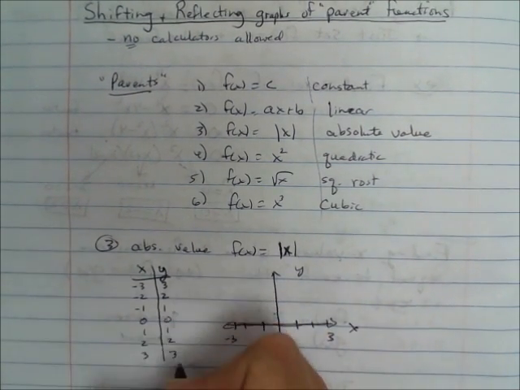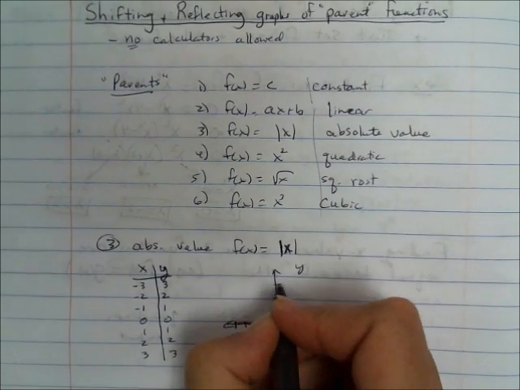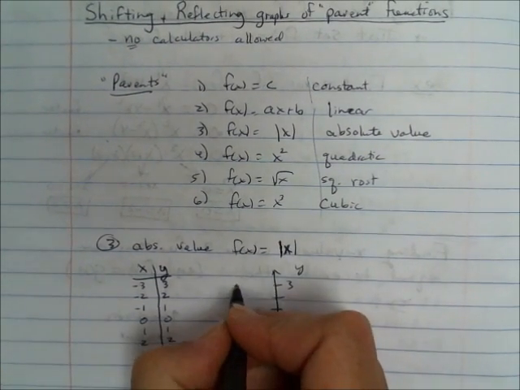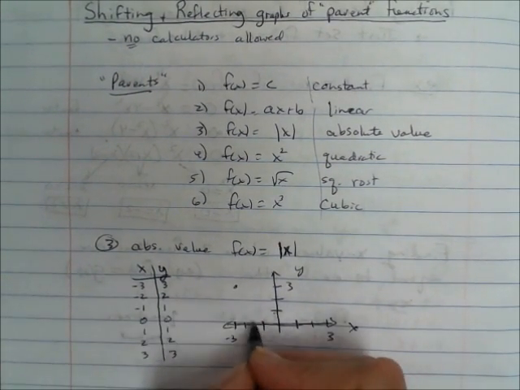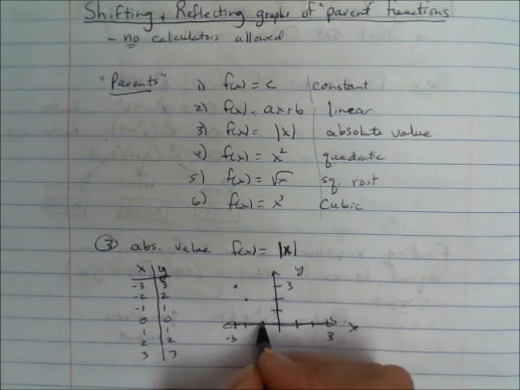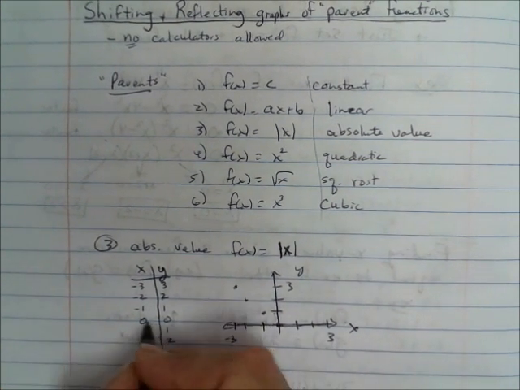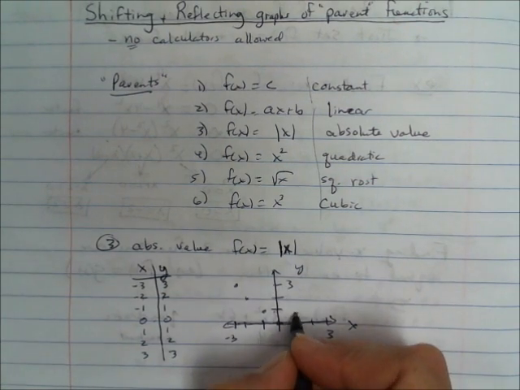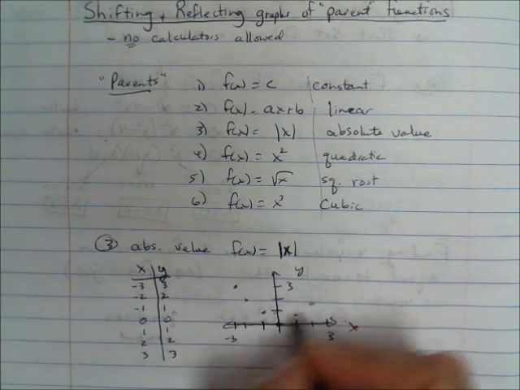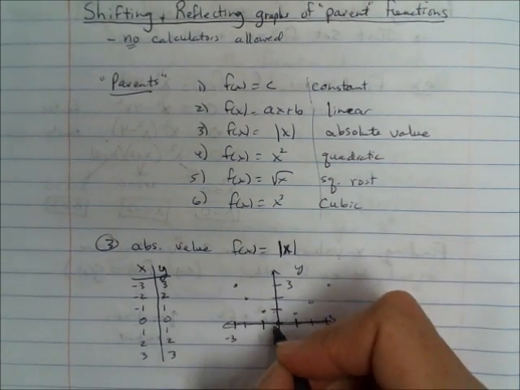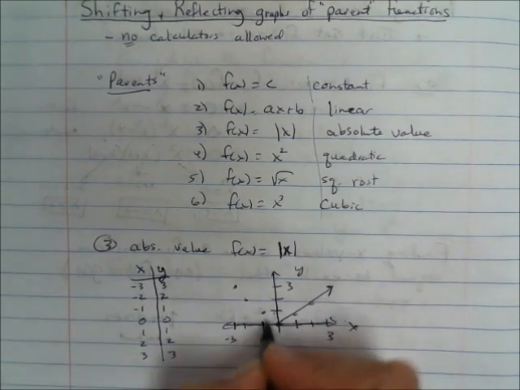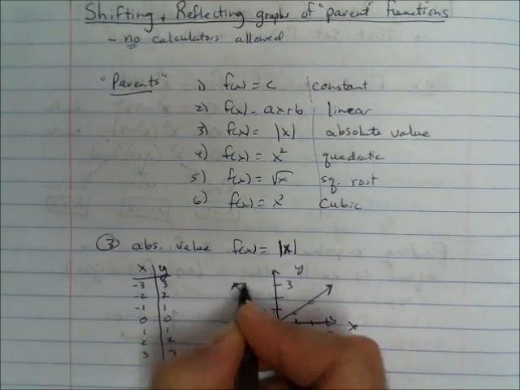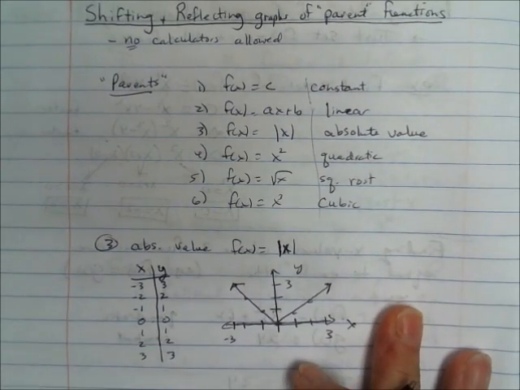And then on our y-axis, we'll go up to 3. So -3, 3 is the first point, -2, 2 is the second point, -1, 1 is the third point, and 0, 0 is this point. Then we have 1, 1, 2, 2, and 3, 3. So here is a beautiful absolute value function in the shape of a V.